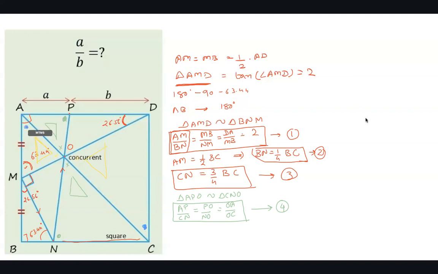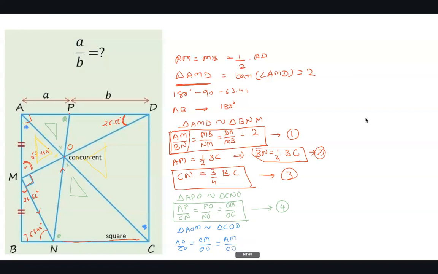So for these two triangles also we just established the similarity, and we can say that triangle AOM is similar to triangle COD, and now AO divided by CO is the same as OM divided by OD, which is the same as AM divided by CD.